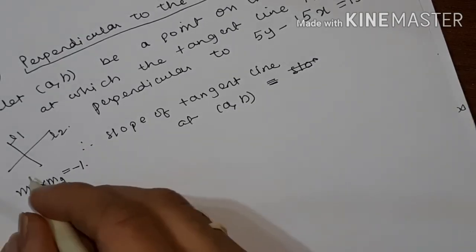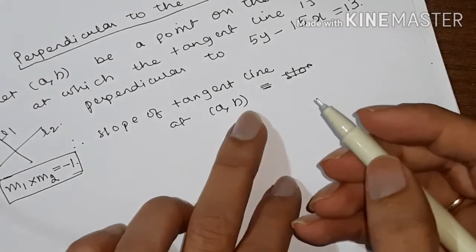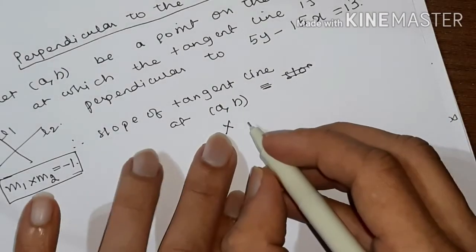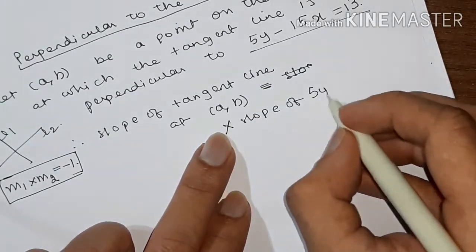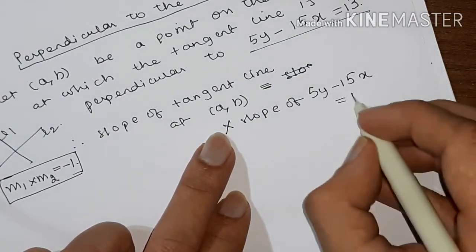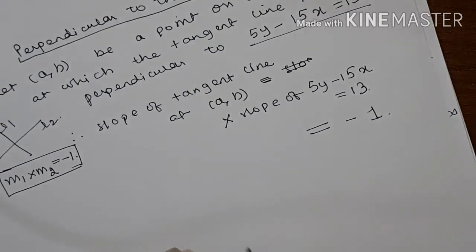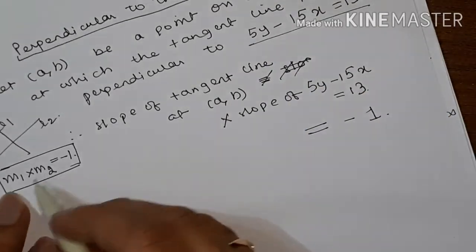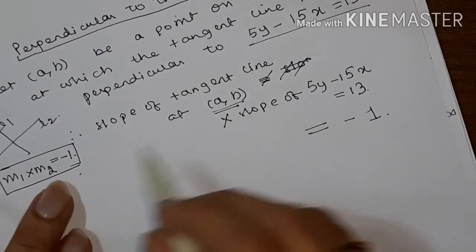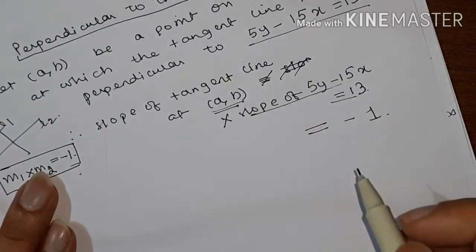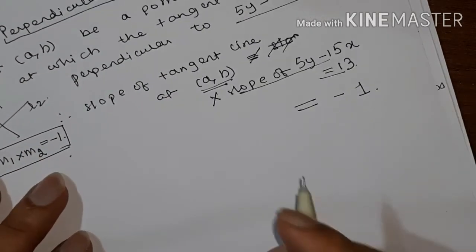So M1 is the slope of the tangent line at a comma b, M2 is the slope of this line, and the product is minus 1 because the lines are perpendicular.